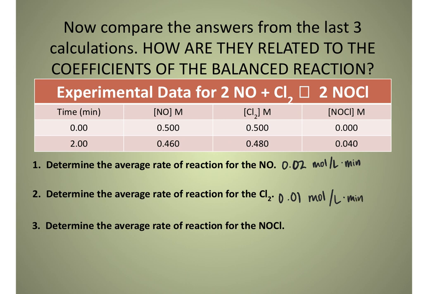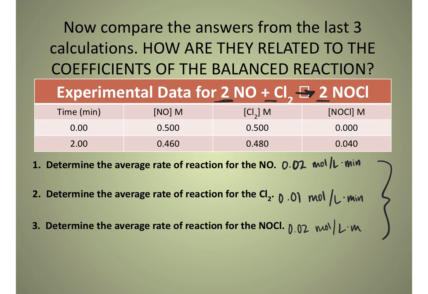And our last one was 0.02 moles per liter per minute. So if we look at our balanced chemical equation, how are these values related to the coefficients that we see out in front of our balanced chemical equation?